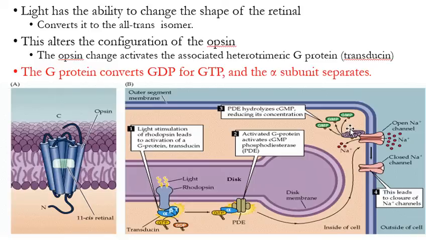So what's the fuss? It's because cGMP keeps these sodium channels open, and once it is hydrolyzed and turned into GMP, there's no more cGMP to keep these channels open. Because these channels are no longer open, the inside of the cell becomes hyperpolarized.